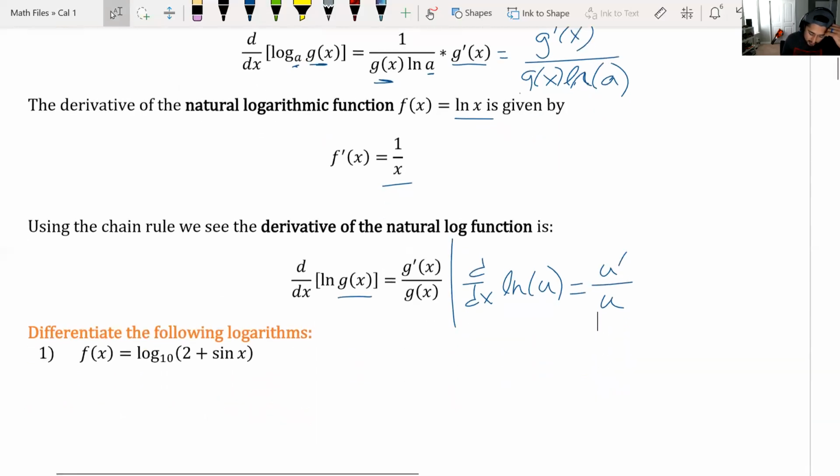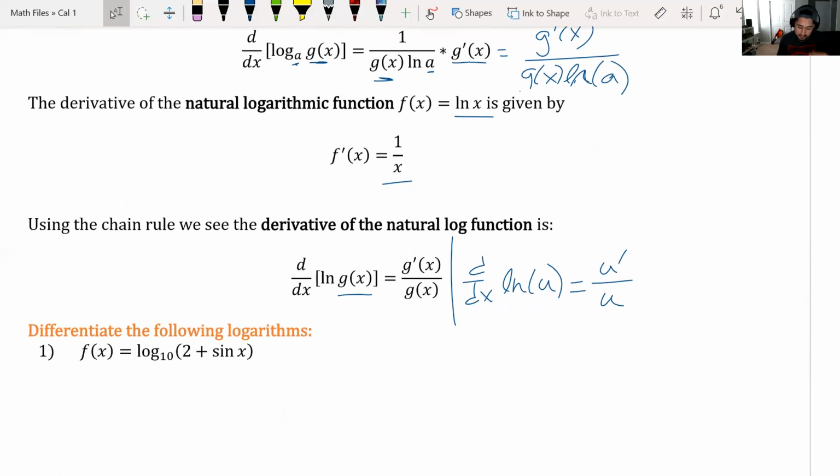And for the very first one, we're going to be doing the chain rule derivative for log base 10 of 2 plus the sine of x.